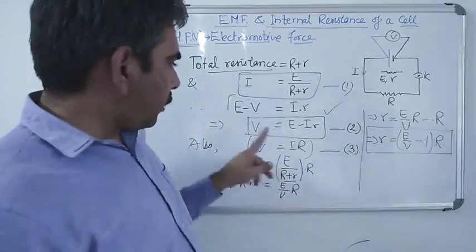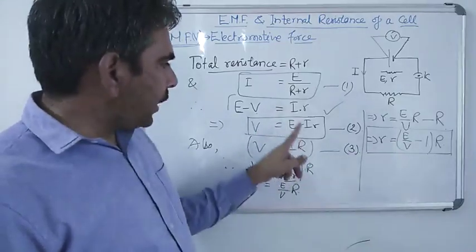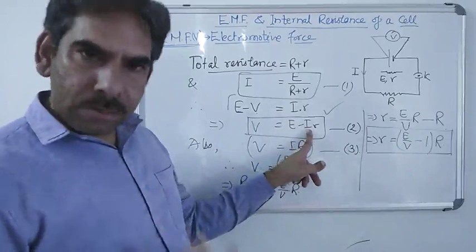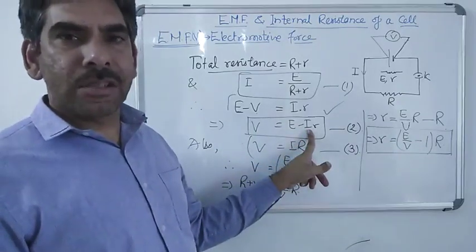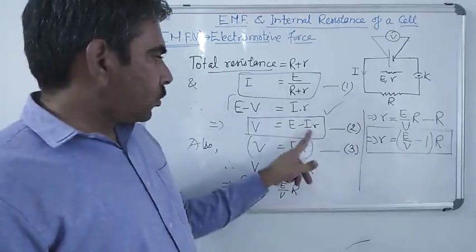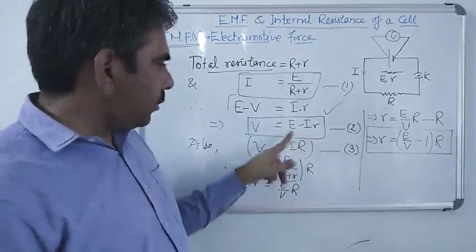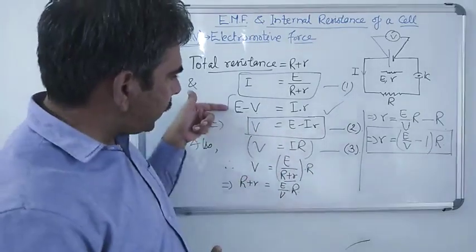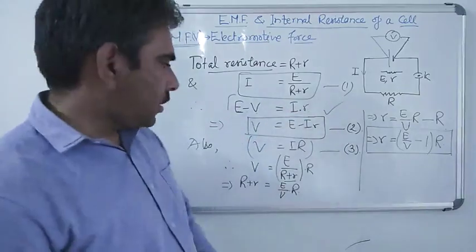So the terminal potential difference is smaller than the EMF of the cell by an amount equal to I r, the potential drop taking place across the internal resistance of the cell. So this is the amount by which V is less than E, or we can say E minus V. It is nothing but, as we have written here, the potential drop across the internal resistance.